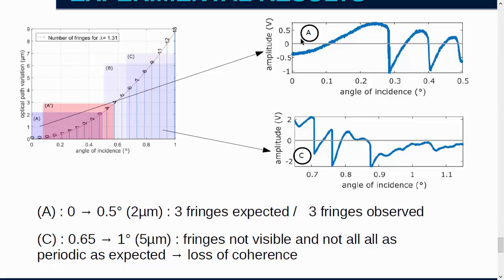And then on the other end, at 1 degree tilt of the mirror, we have 5 micrometers of change. What we can see is that the fringes are no longer visible, even though we removed the optical density. And more important is that they are not coherent at all. They are not periodic like we should have obtained. So we see here that we do have this loss of coherence.